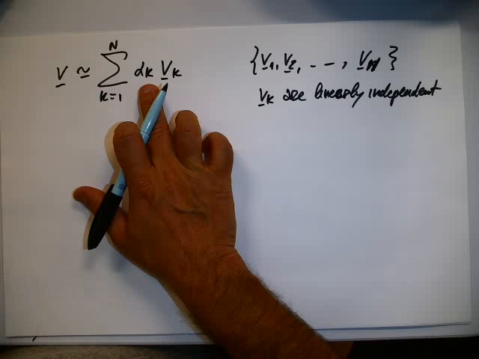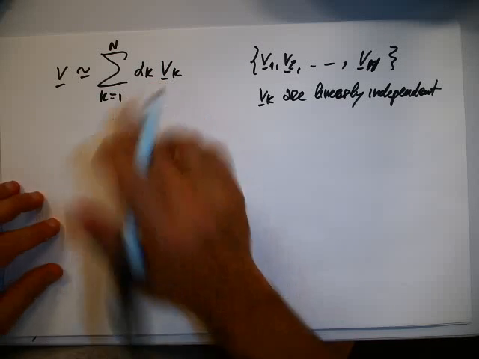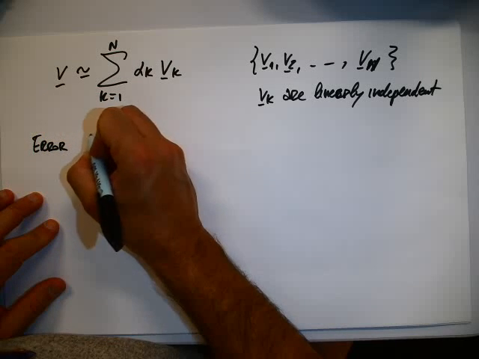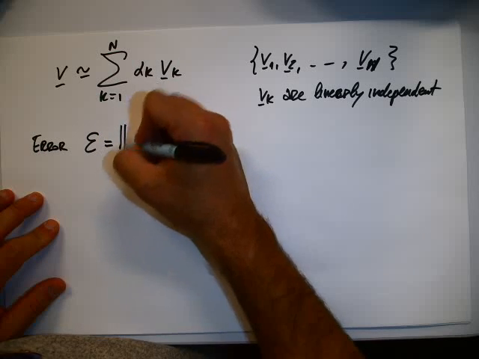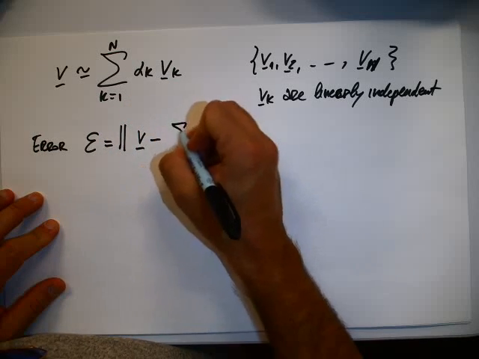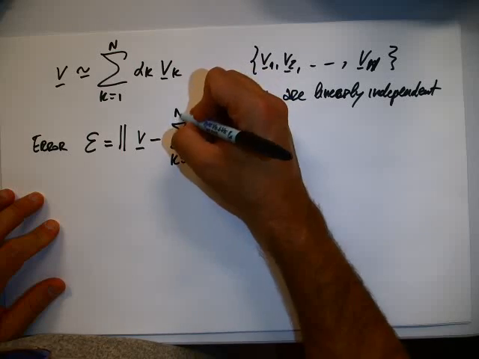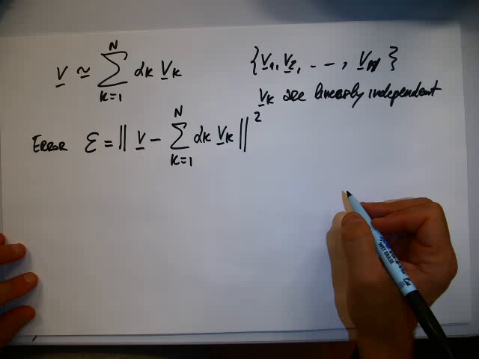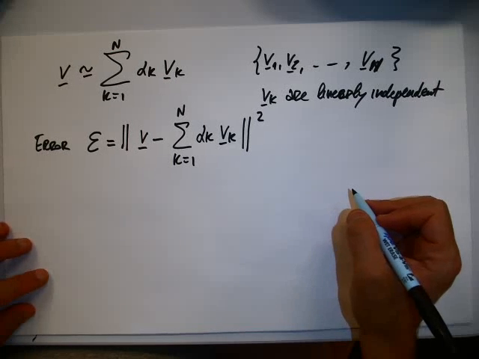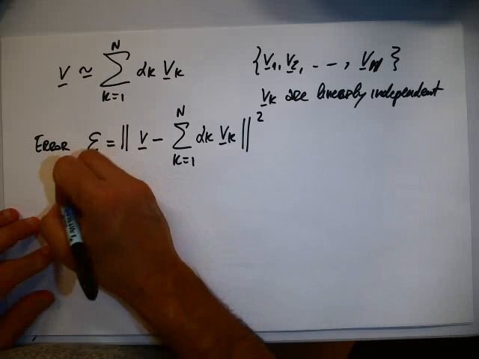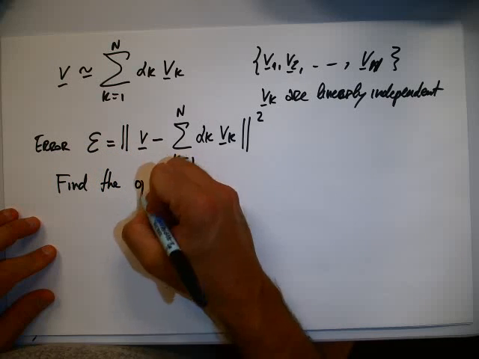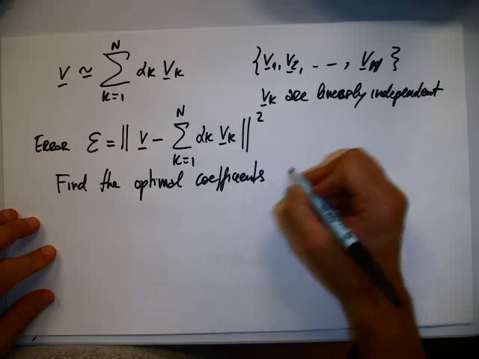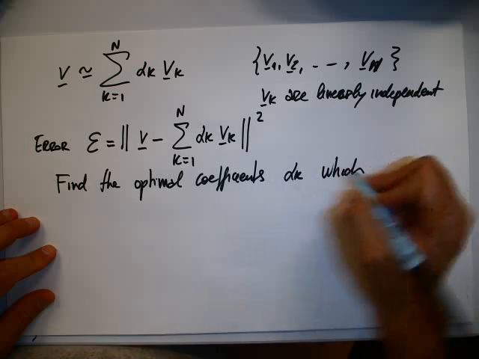So I can define the error epsilon given by the length of V minus the sum from k equal 1 to n of alpha k Vk, squared. And then I ask myself, please find the optimal coefficients alpha k which minimize epsilon.